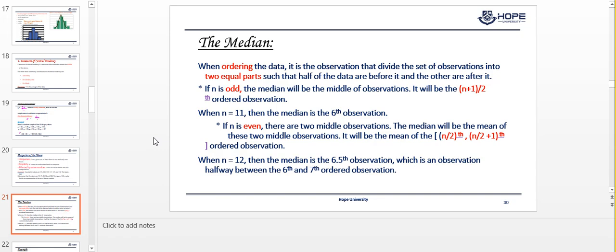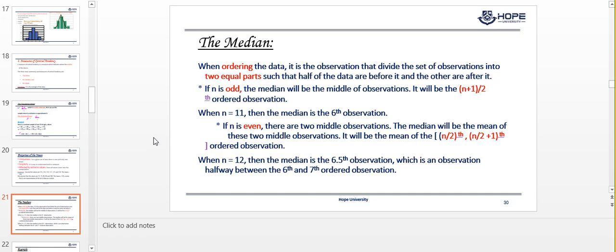If, for example, we have 11, then the median will be the 6th observation. It's not even, it's an odd number. If the number is even, there are 2 middle observations.